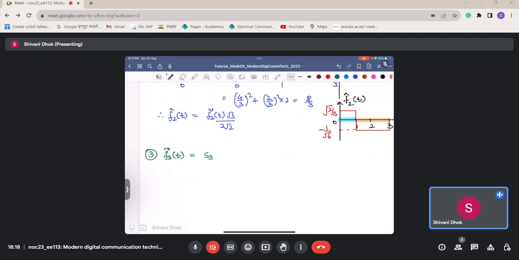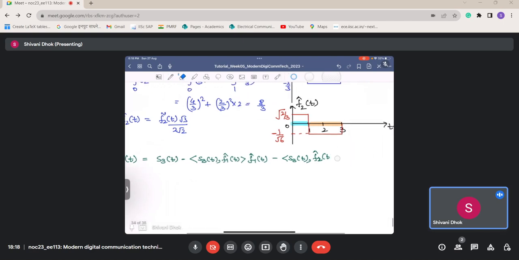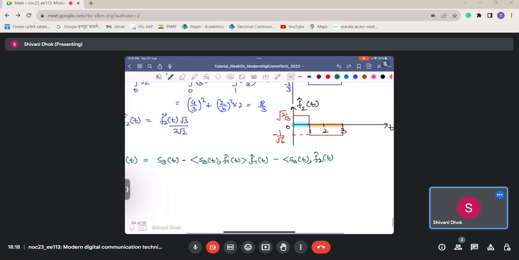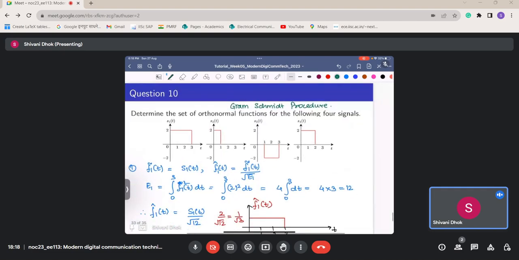So this will be s3t minus inner product of s3t with f1 hat of t into f1 hat of t, minus inner product of s3t, comma, f2 hat of t into f2 hat of t.